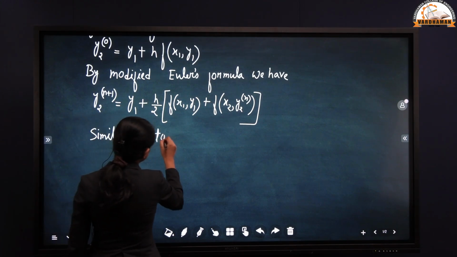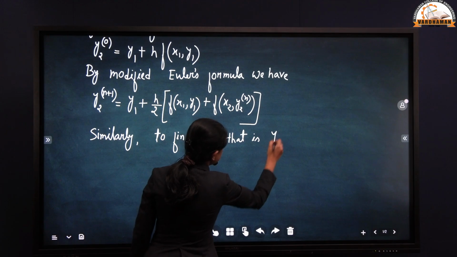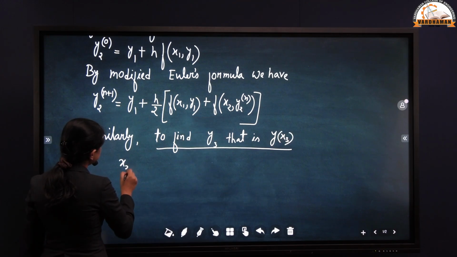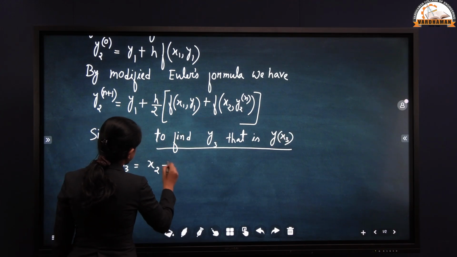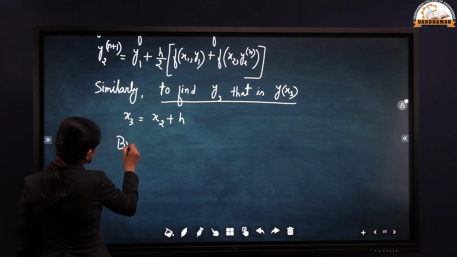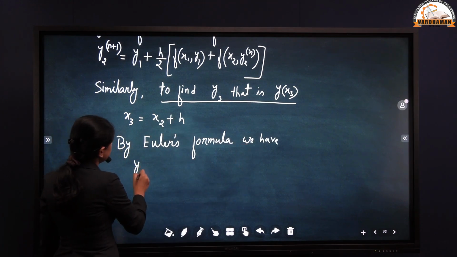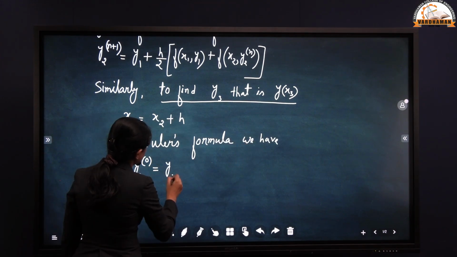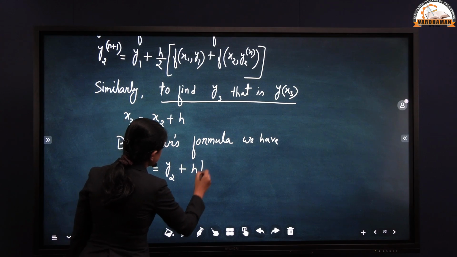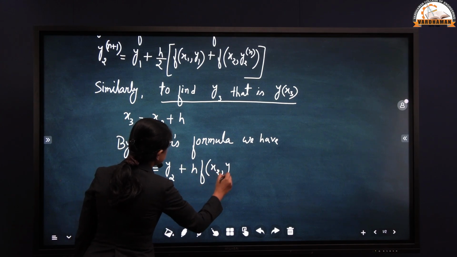Similarly, to find y3, that is y at x3. So x3 will be equal to x2 plus h. By Euler's formula, we have y3 0 equal to y2 plus h into f of x2 comma y2.